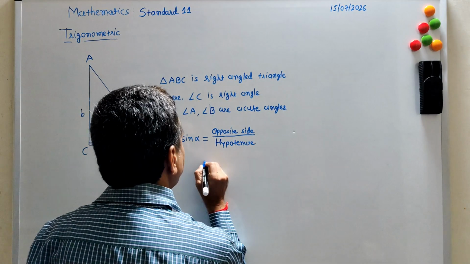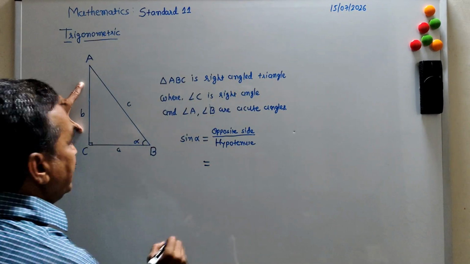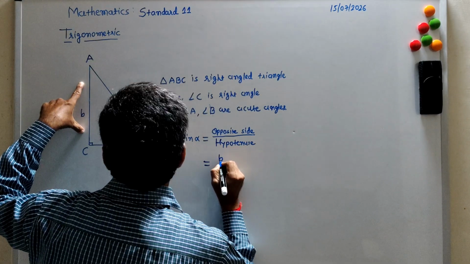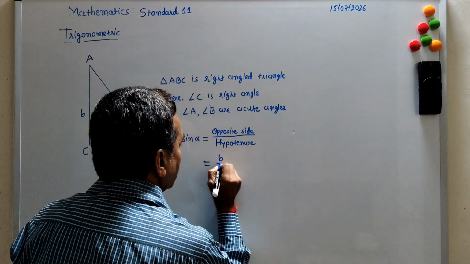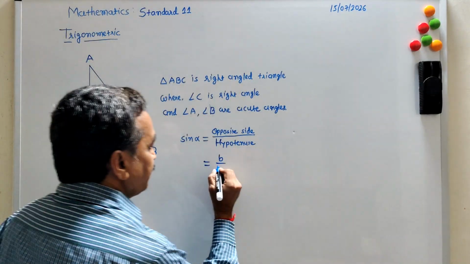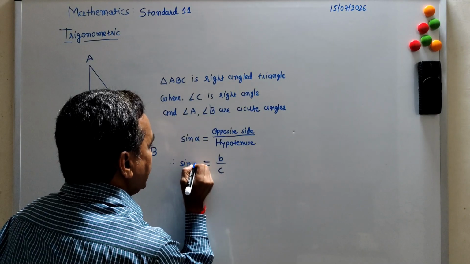So here the opposite side is B or AC, divided by hypotenuse, here is C. So this is sine alpha.